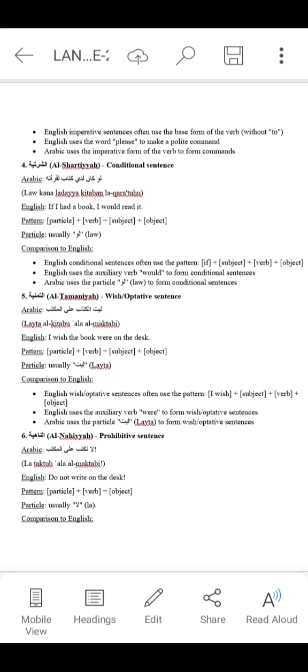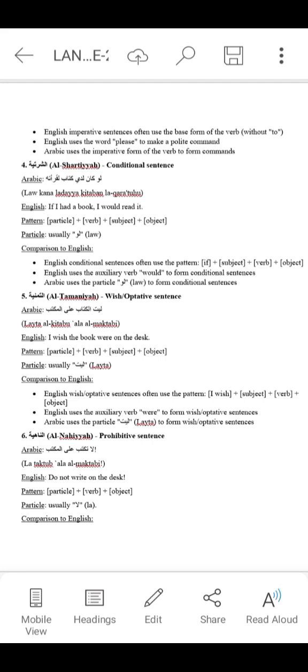If we talk about the last type of sentences, that is al nahaya, prohibitive sentences. These are used to prohibit or forbid something. These typically begin with the particle la, which is followed by an imperfect verb.